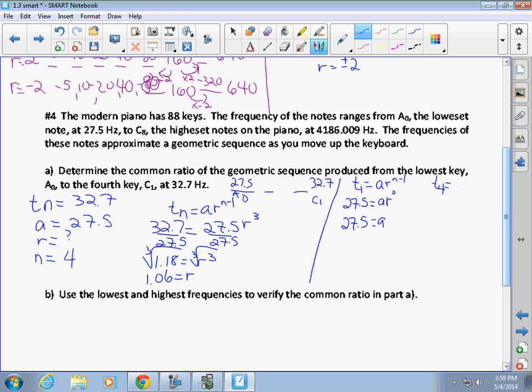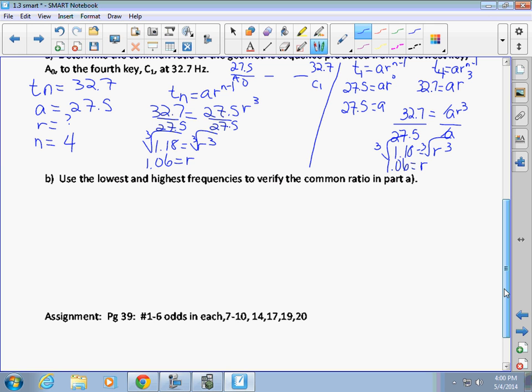The fourth term then was 32.7, that equals ar to the 4 minus 1, which is 3. So if I set up my ratio, I have 32.7 is equal to ar cubed over 27.5, which is equal to a. So my a's cancel. I have 1.18 is equal to r cubed, cube root, and you get 1.06 equals r. So the ratio or the formula will work.